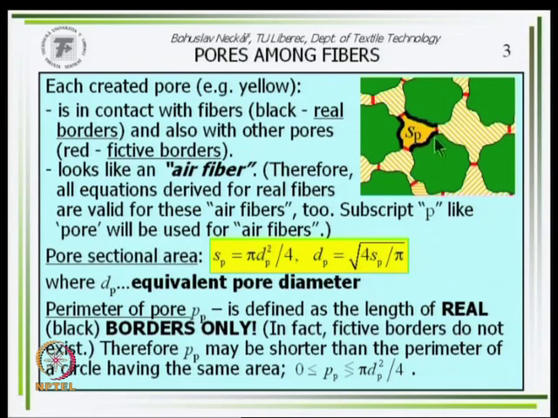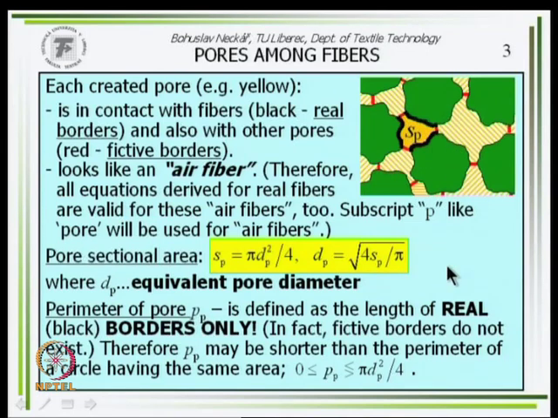So the length of perimeter of pore, our air fiber, is this black length plus this black length plus this black length, but not these red parts.